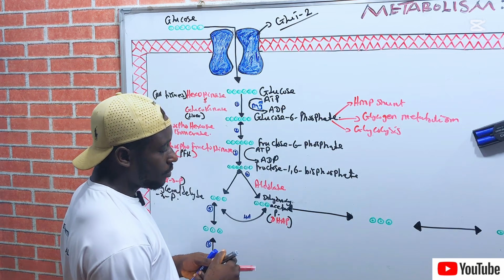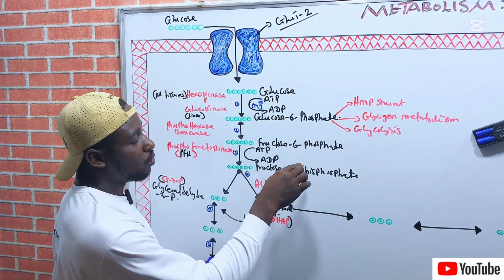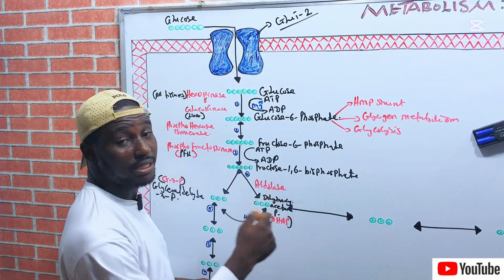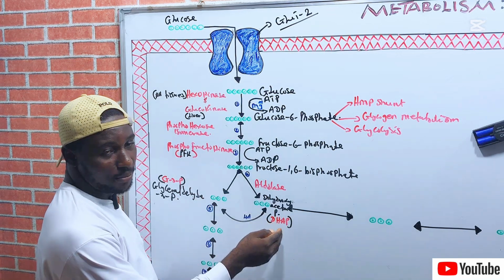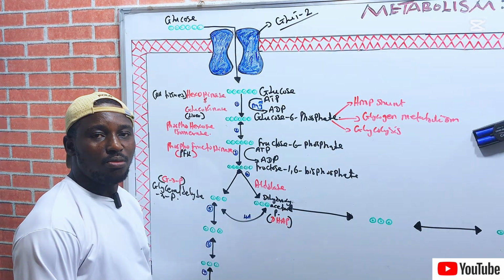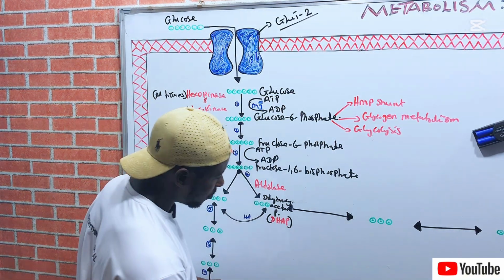So once fructose 1,6-bisphosphate has been cleaved by an enzyme called aldolase, a lyase enzyme, to generate G3P and DHAP, DHAP we channel to the liver to form glycerol. Now what?